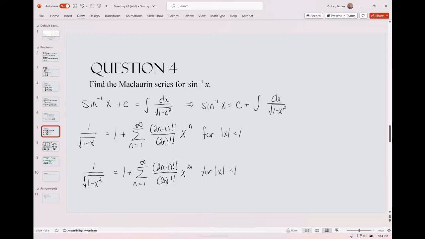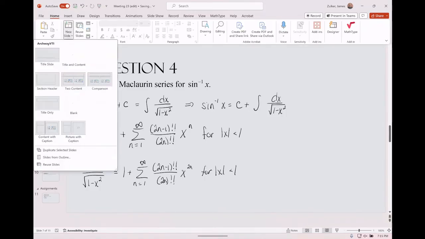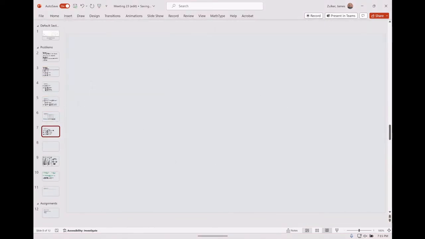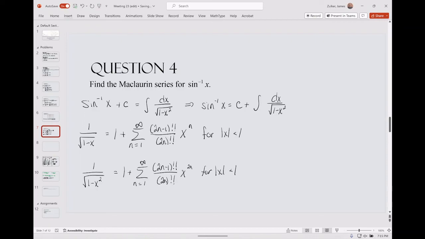Same thing, except it's now x to the 2n, right?